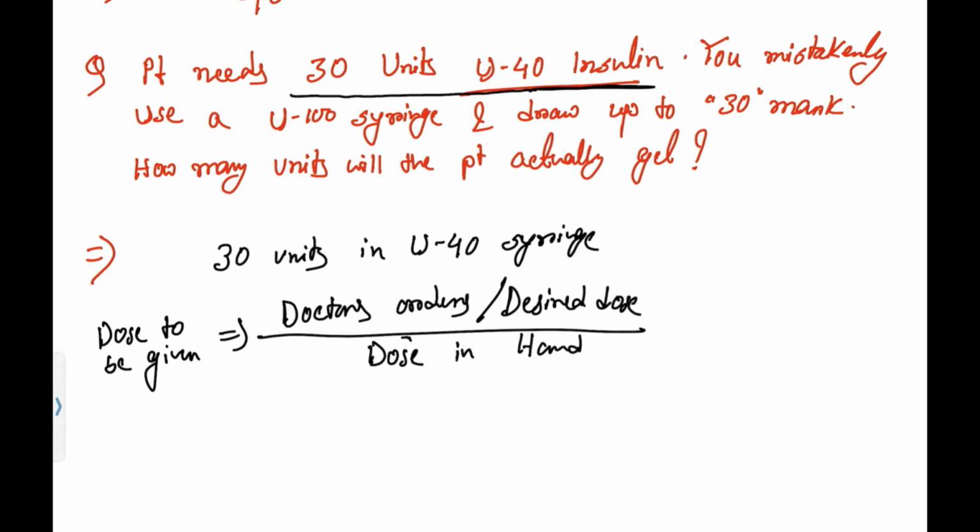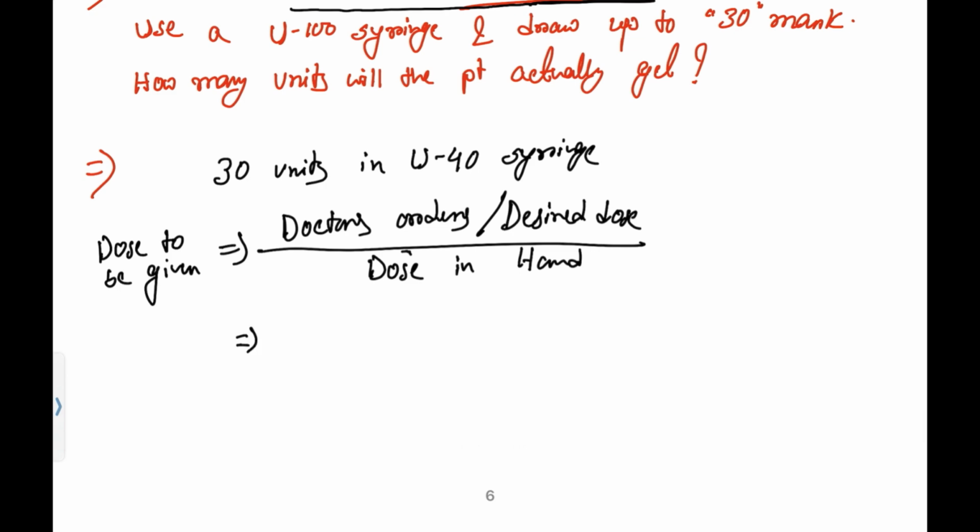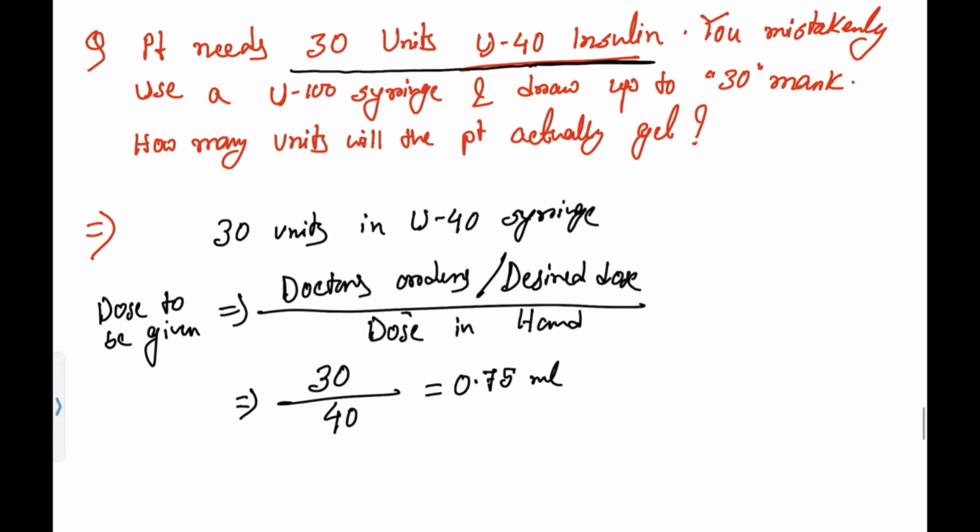This is the formula. According to the doctor's prescription, 30 units to be given with the help of a U40 syringe. So how much is coming out? That is 0.75 ml. Actually, you had to give the patient 0.75 ml. This is the need for this patient.